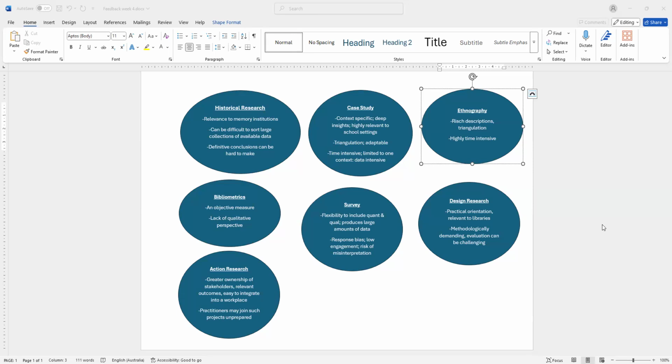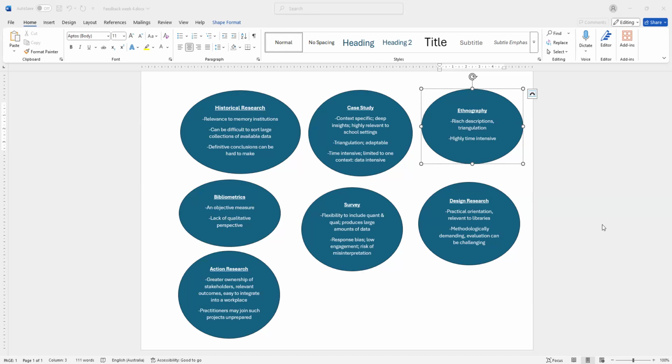The second research method that many of you discussed was case study. It doesn't come as a surprise that one important strength of case study is its relevance to school settings. As we have a lot of students from teacher librarianship, it's really good to see that those students highlighted its relevance to school settings.